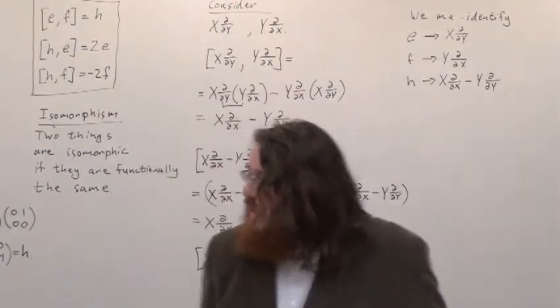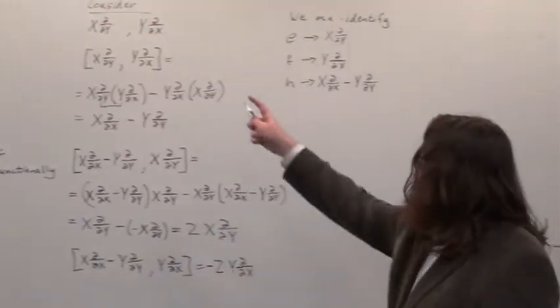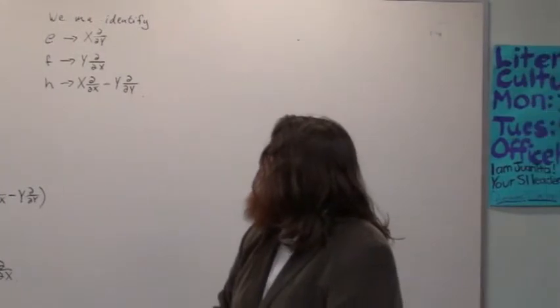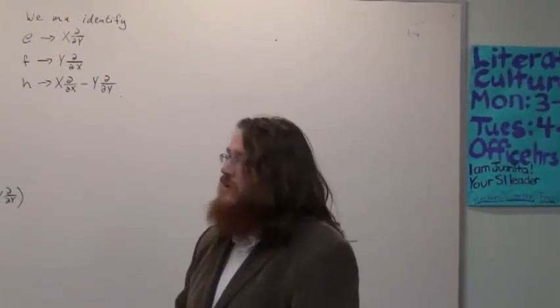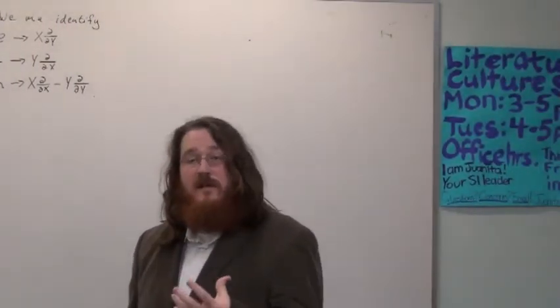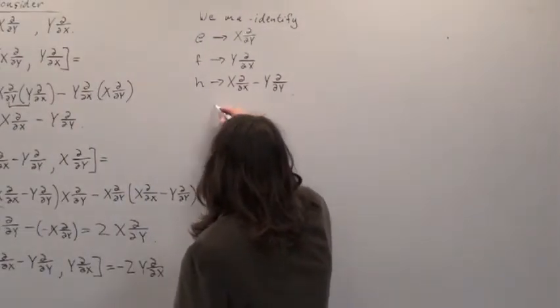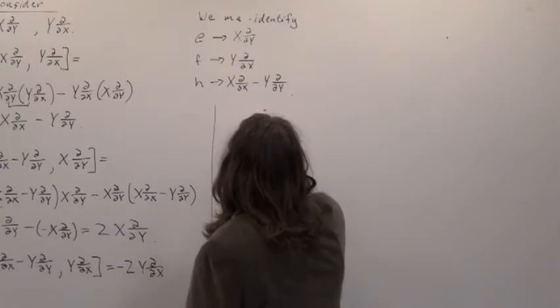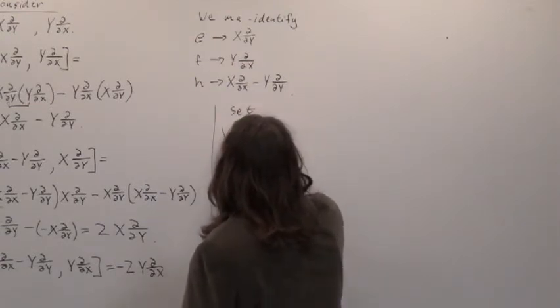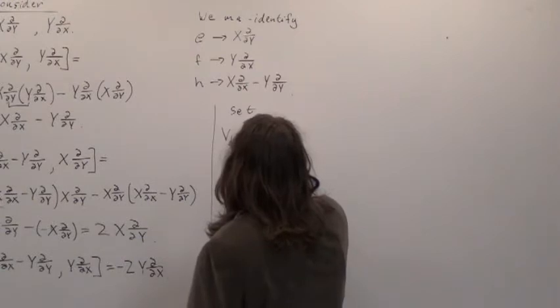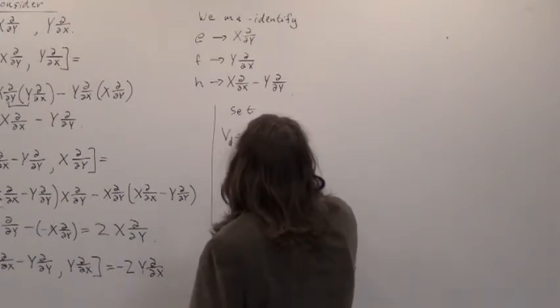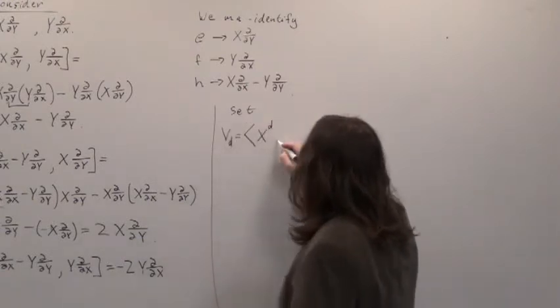So what we can do in this case is look at how my differential SL2 acts on some set. And the set we're going to consider is the set of homogeneous polynomials. So let's set V sub d to be the collection of polynomials in two variables of degree d.